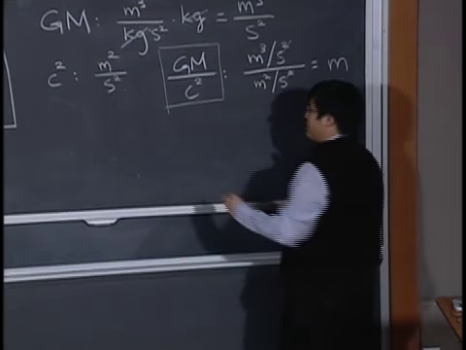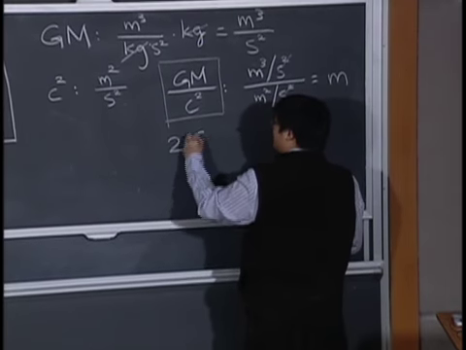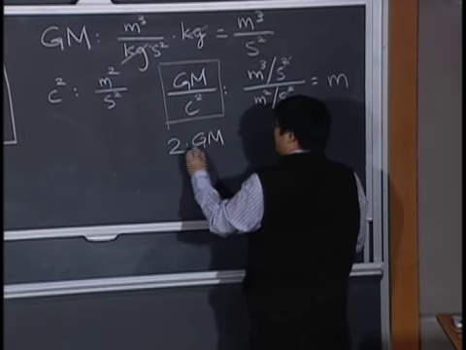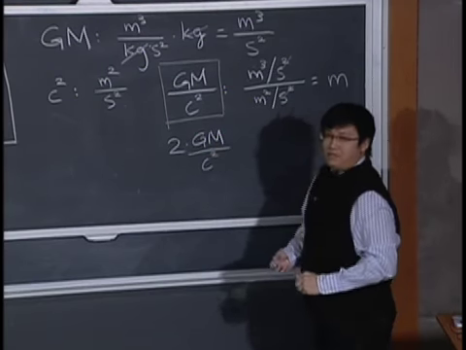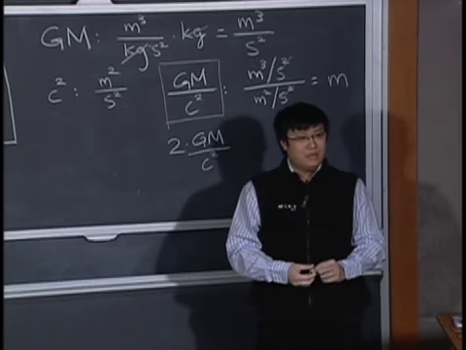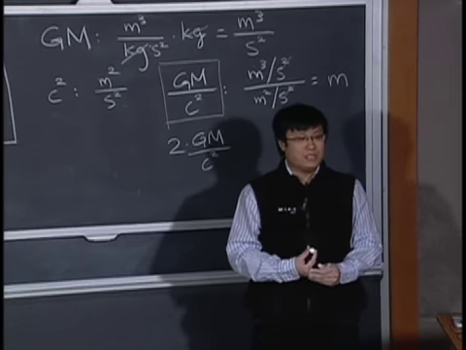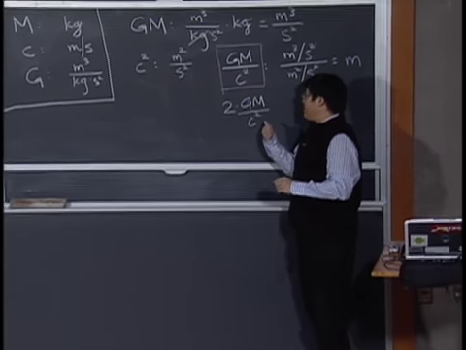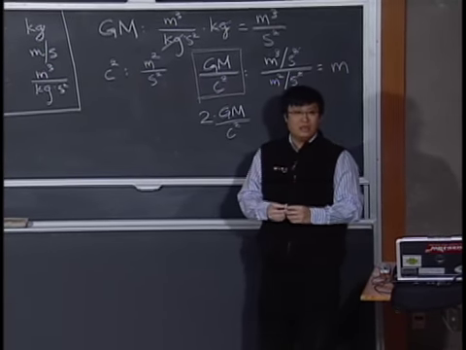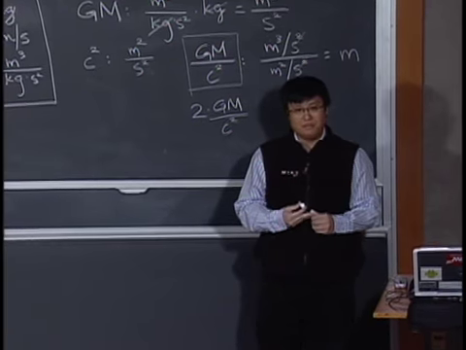In fact, the correct answer is 2 times Gm over c squared. Now, this is even more impressive than the pendulum problem. In order to solve this problem using physics, you have to know general relativity. But in fact, we were able to get approximately the right answer, and we're off only by a factor of 2.